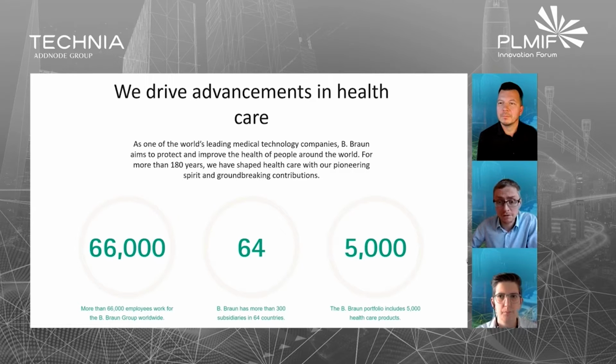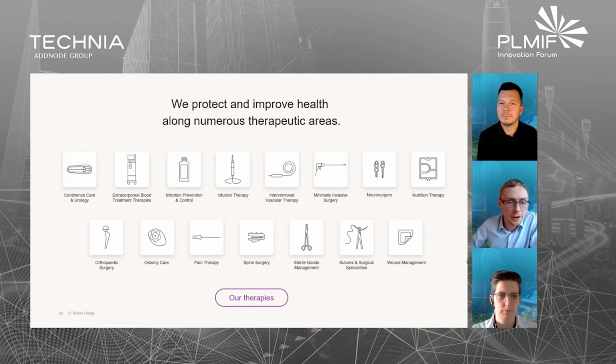And we have a quite big range of products, where I just want to give you a very quick overview of what we do. As you can see, we pretty much cover most things someone needs in hospital or also outside of the hospital.